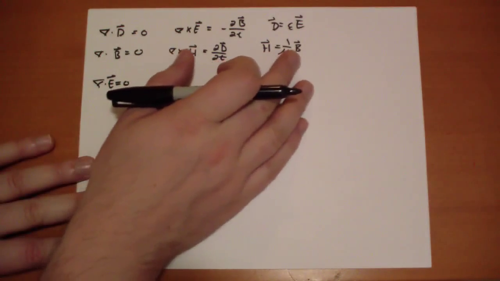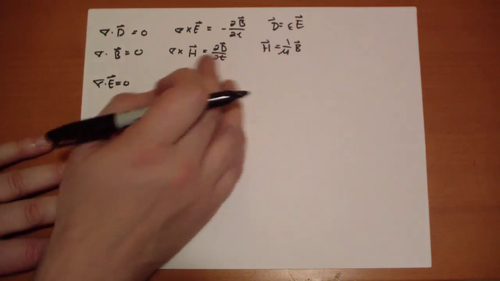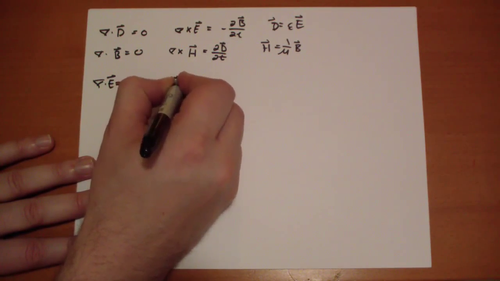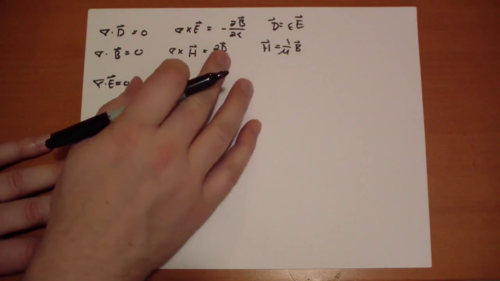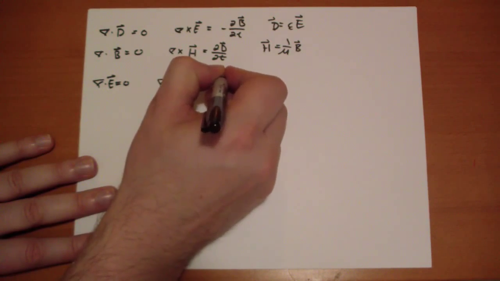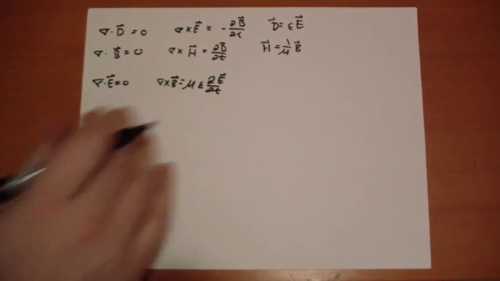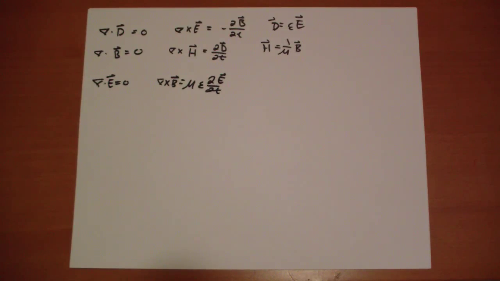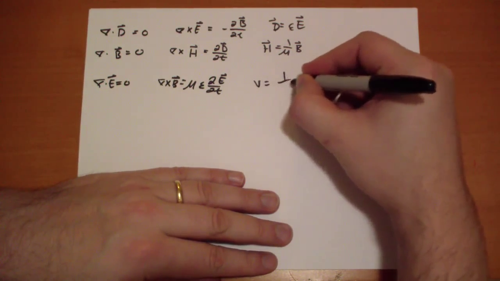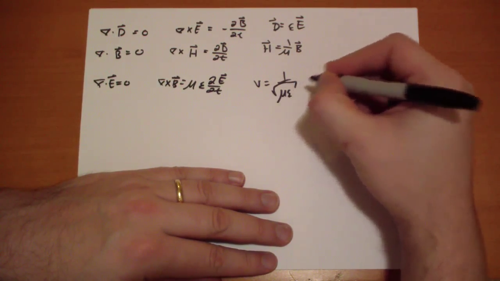So H becomes 1 over mu times B, right? So let's put that in. We have the curl of the B field is equal to mu, and the D field is epsilon times the E field, so we have, basically, the same equations that we had before, except now the velocity is equal to 1 over the square root of mu epsilon.